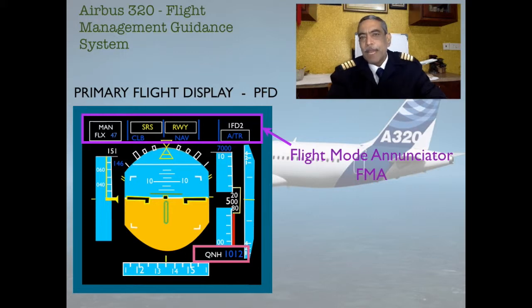Especially sometimes where quick changes are to be made, or a steep descent or a steep climb is to be made, if the flight went into a reversion mode, that would not have taken effect. So finally the aircraft is following the path which is displayed in the flight mode annunciator, and the pilot has to take cue only from the flight mode annunciator, and that's why this is important.